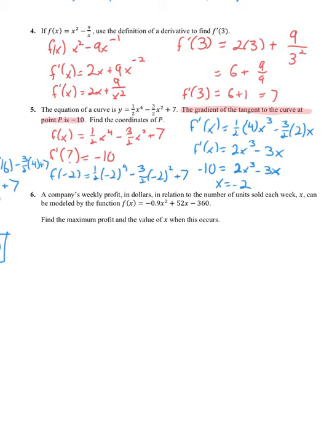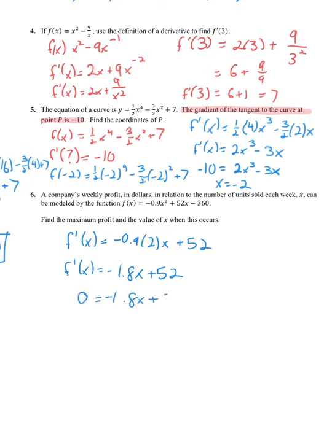but another way we could do it really fast is find the derivative again, -0.9 times 2 plus 52. So f prime of x is -1.8x plus 52. And if we find when that equals 0, we're going to find the x value of this function right off the bat.